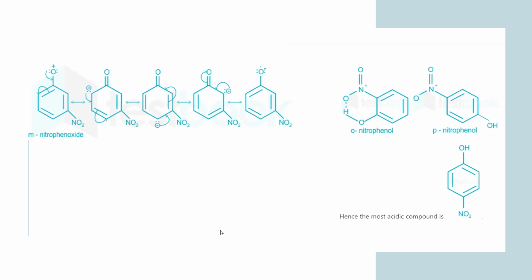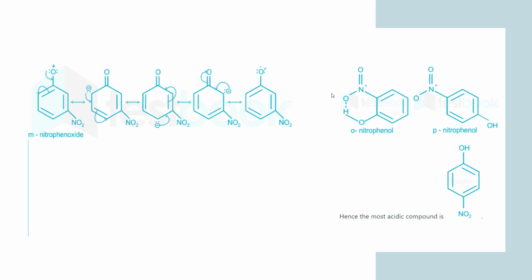So what happens in case of orthonitrophenol? You can see that the NO bond of nitro group forms hydrogen bonding with the phenolic OH group. Since in case of orthonitrophenol, the OH substituent is in close proximity with the nitro, it can form a very strong hydrogen bond.